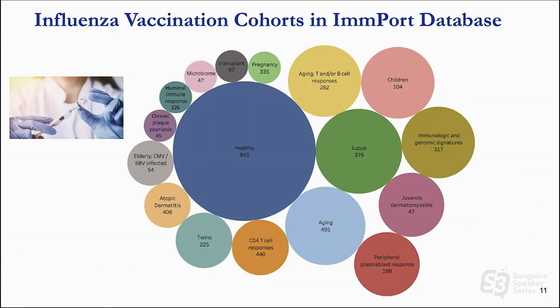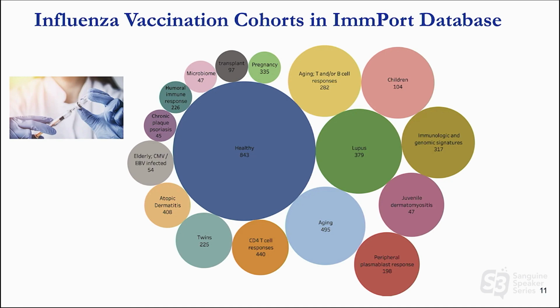So once the data is in ImmPort, from different programs, now I would like to show you one of my favorite slides, which shows the breadth of the data, as well as, in a unified way, how you can leverage all these data sets. This is an example of the influenza vaccination cohorts in ImmPort coming from different sources.